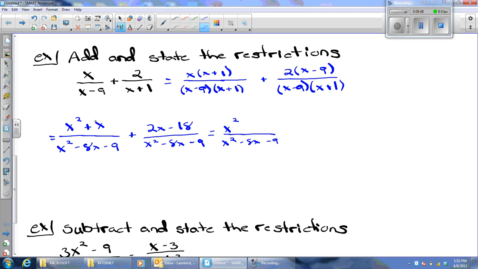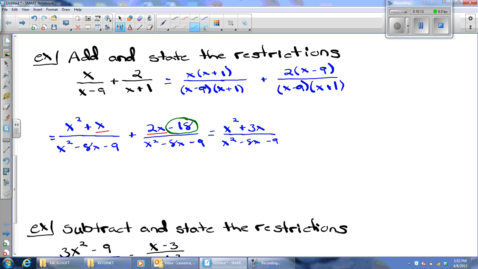We have an x term here, and an x term here. So 1x plus 2x gives us 3x. And we have a negative 18 here and no other constant.